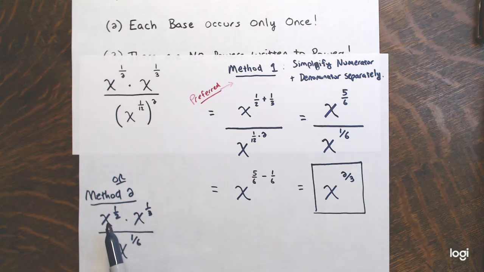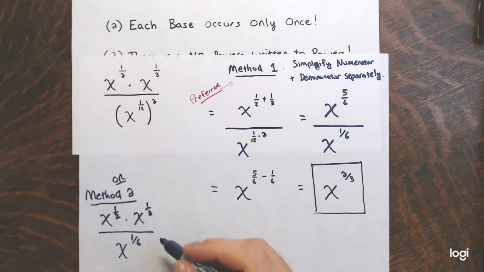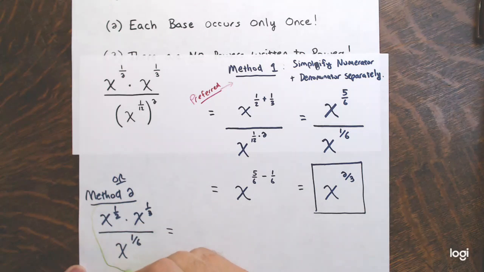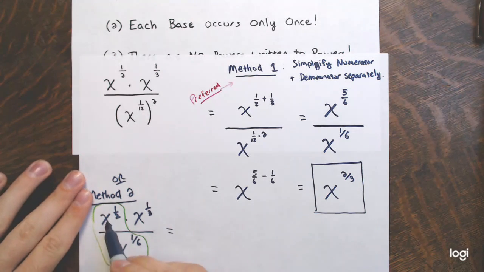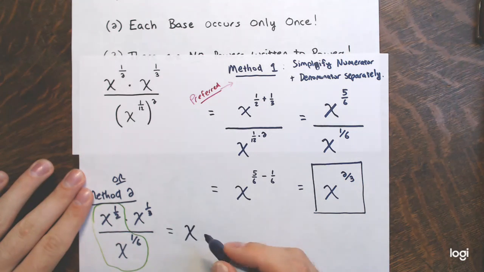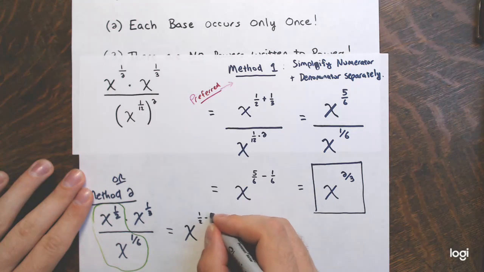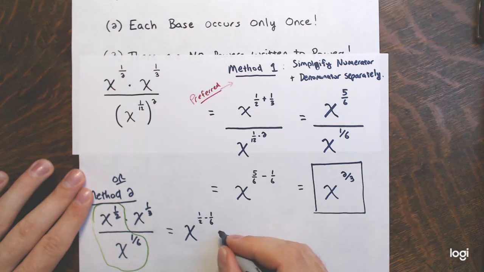I see a factor with a base of x in the numerator, and I see another factor with a base of x in the denominator. So I can put these together, make these into a single factor, and then we're going to be multiplying by x to the 1/3. So when I put these together, that'd be x to the 1/2 minus 1/6, then times the x to the 1/3.